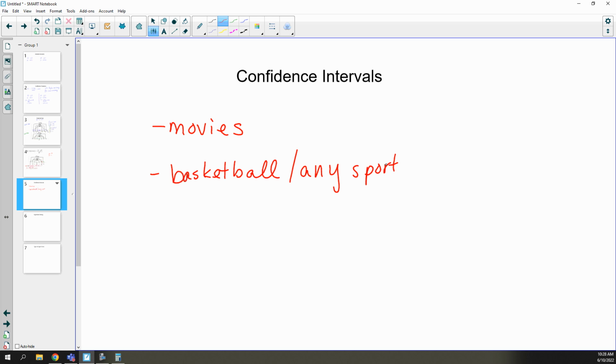From the perspective of allied health and sciences, confidence intervals are used very heavily in much of the research that's done. So if you've ever explored journal articles, you may have already seen confidence intervals. Sometimes they don't necessarily call it that, but there are indications that they are talking about confidence intervals.